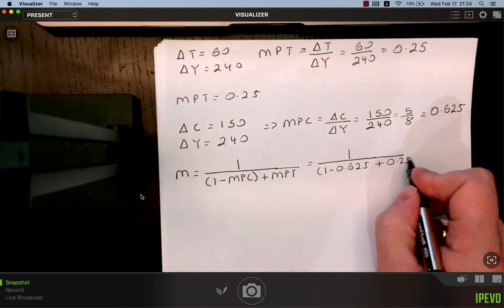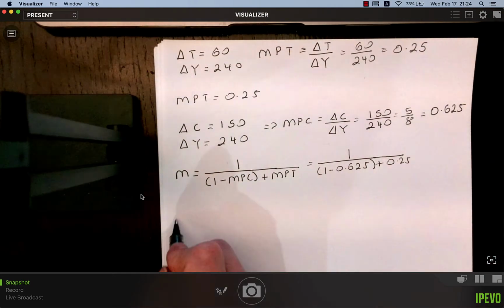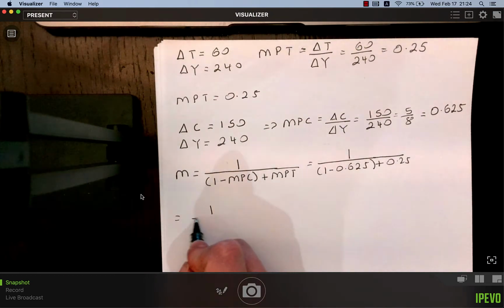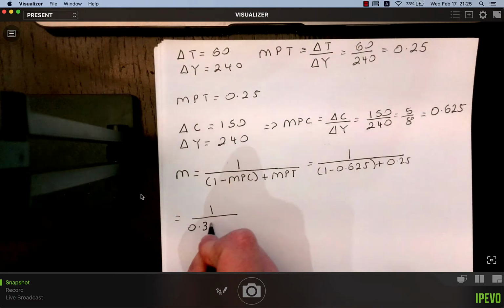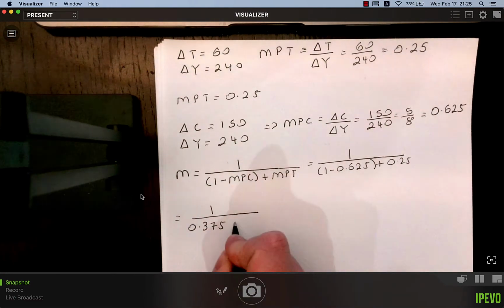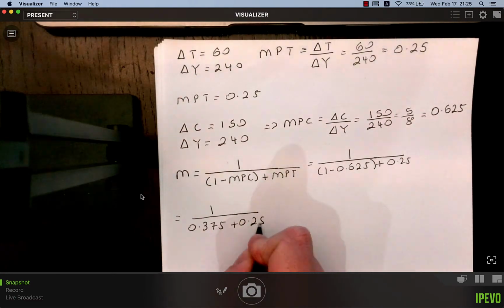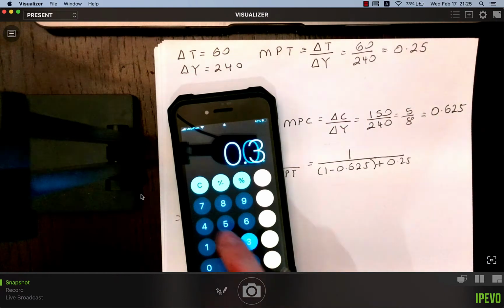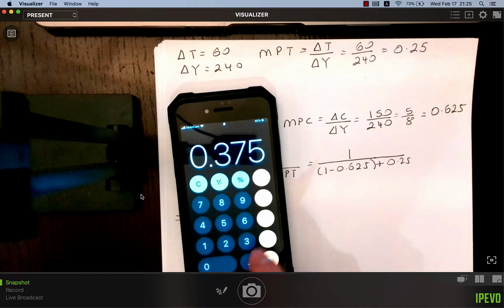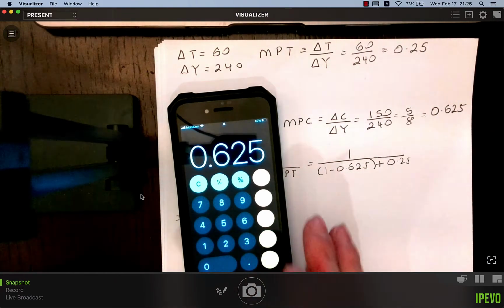Now I think it's 0.375 plus 0.25, but is that right? That couldn't be right.